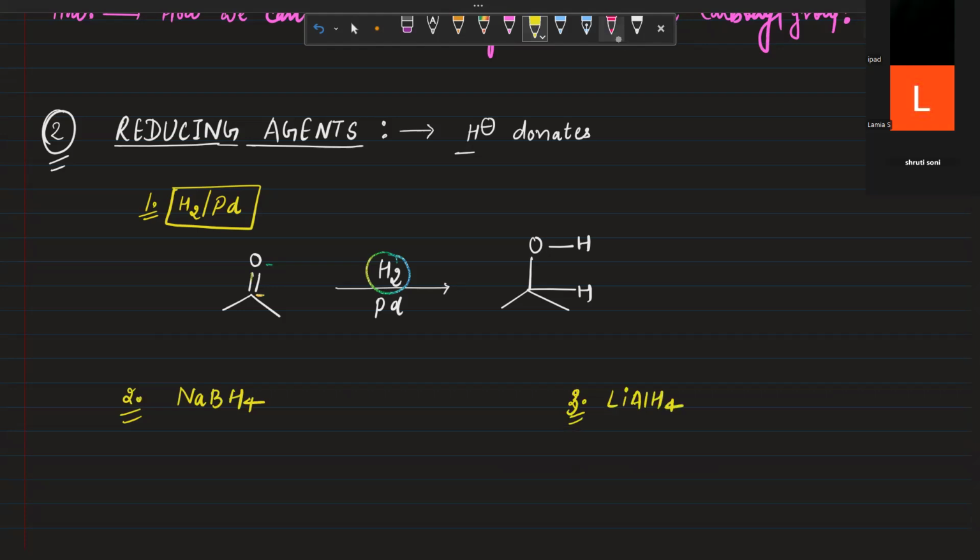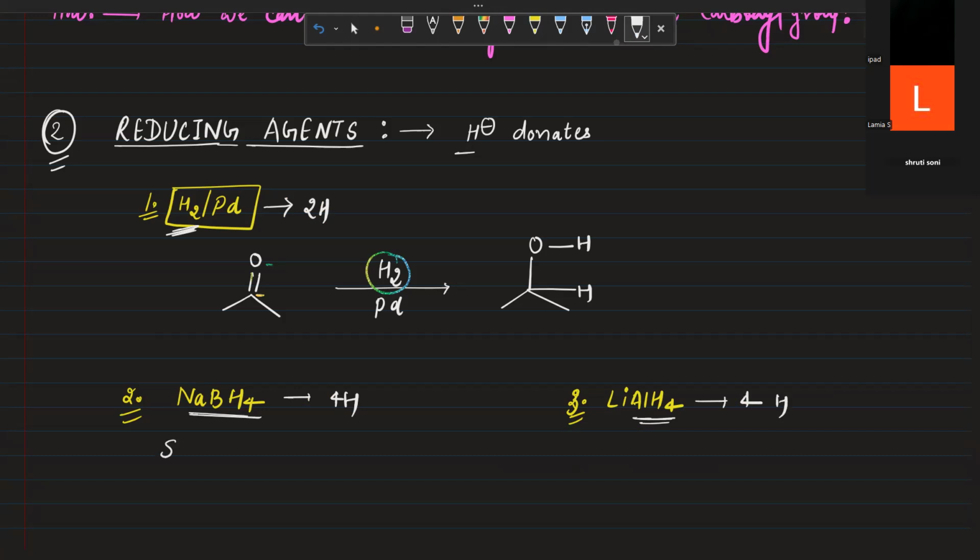Now, in H2 there are how many hydrogens? Two hydrogens. In the case of NaBH4, we have four hydrogens. And in the case of LiAlH4, we also have four hydrogens.